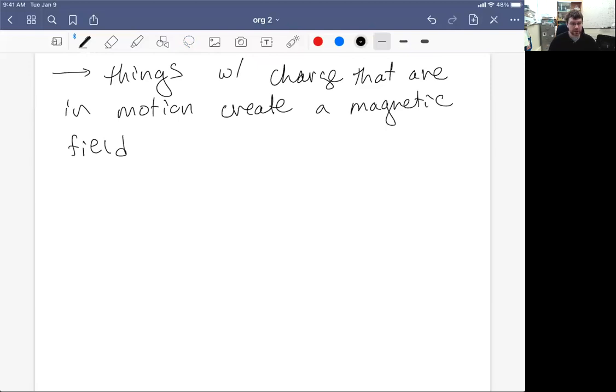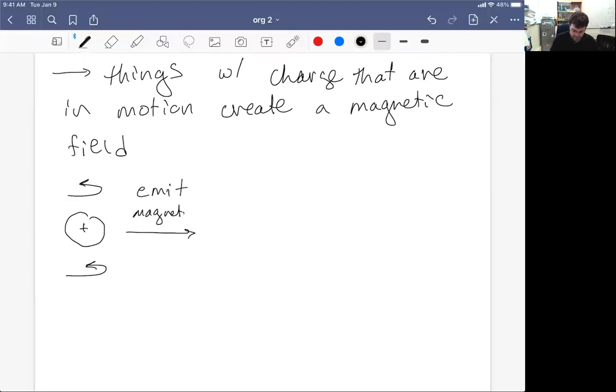So things with electronic charge that are in motion create an electronic field. And so what's happening then is our proton, our positively charged billiard ball that is rotating, is creating a magnetic field. Well, creating is a weird word for this. It's emitting a magnetic field.